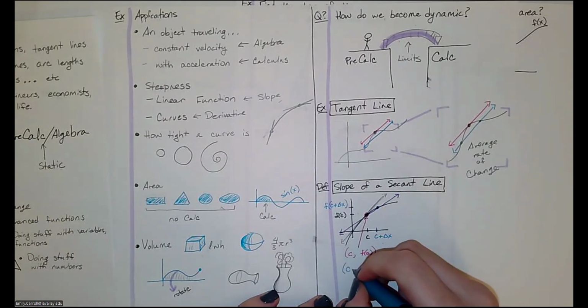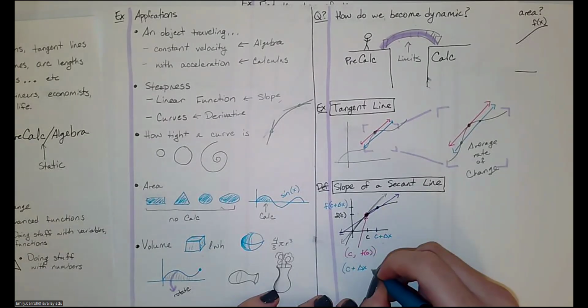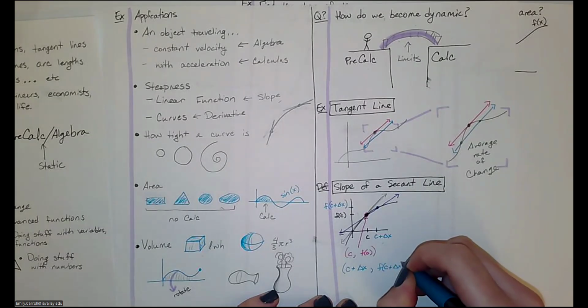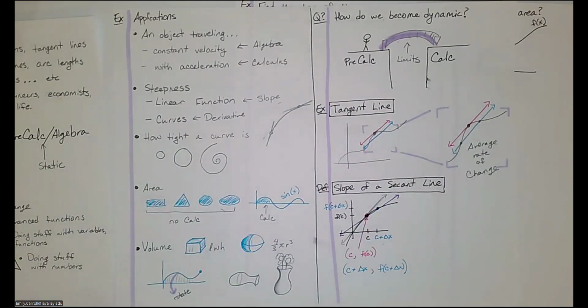So coordinates c plus delta x, comma, f of c plus delta x. Okay, well, now we have two points, and we want to find what would be the slope of a line that passes through both of them.